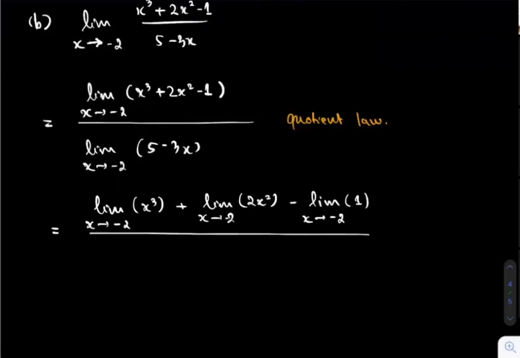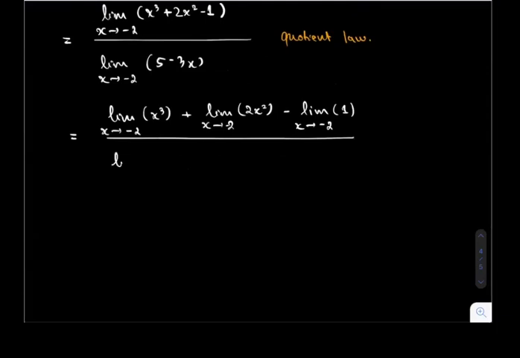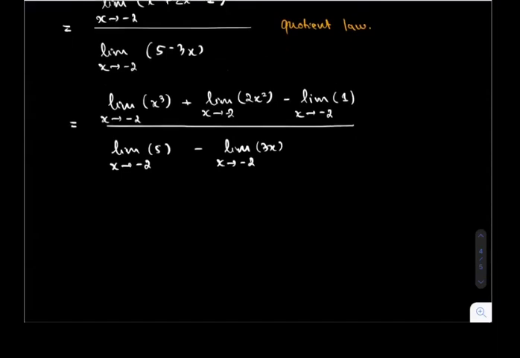For the denominator, you have a limit of 5 as x approaches negative 2 minus limit of 3x as x approaches -2. All right, so you can evaluate term by term, for each limit, right?